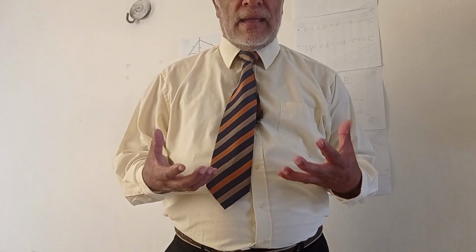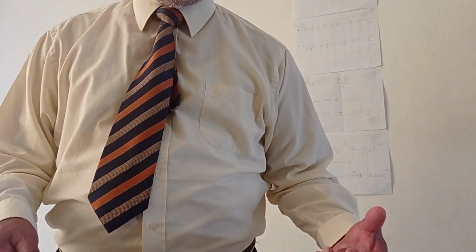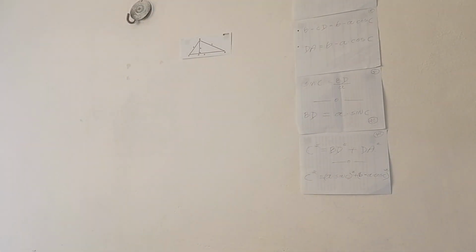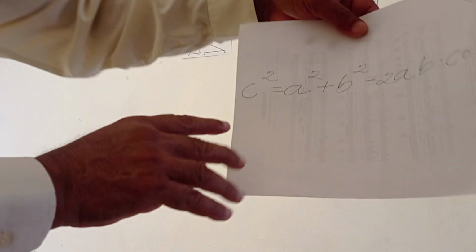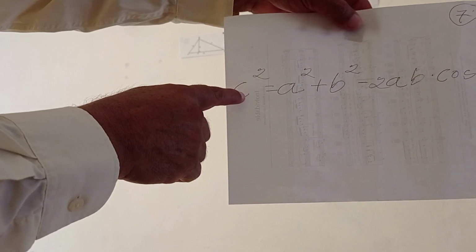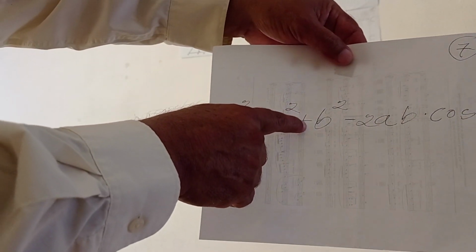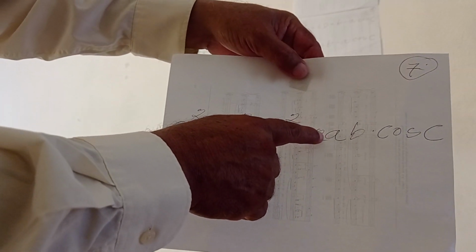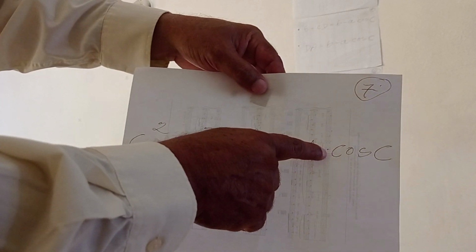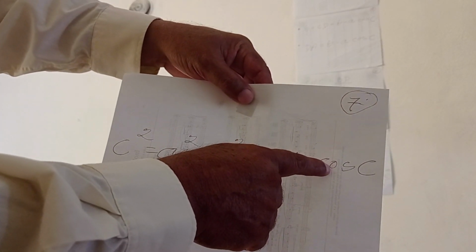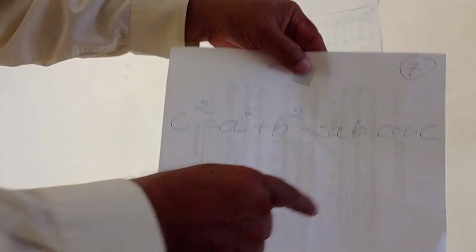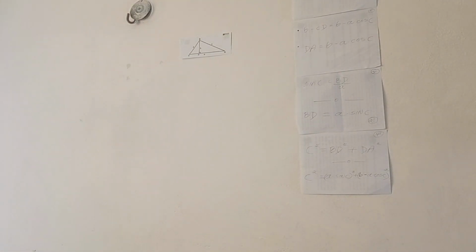We are going to see how we can get this formula. How are we going to get it? c squared equals a squared plus b squared minus 2ab times cosine of C. So let's get to it.